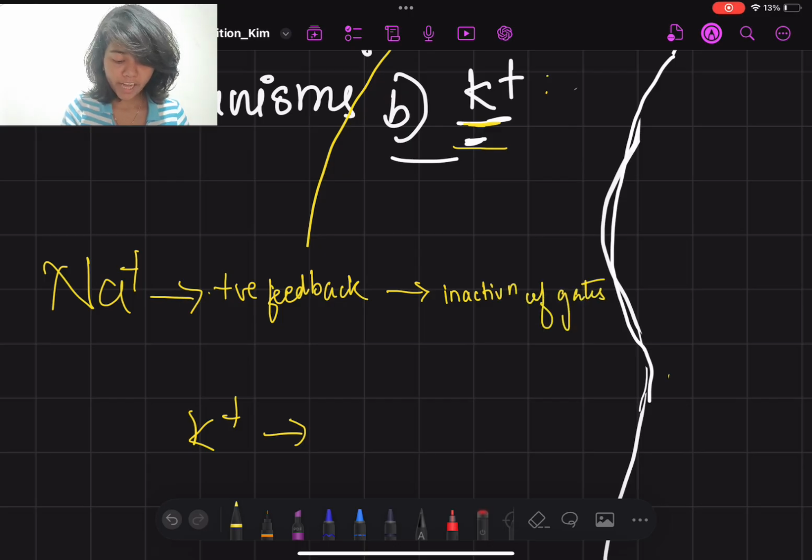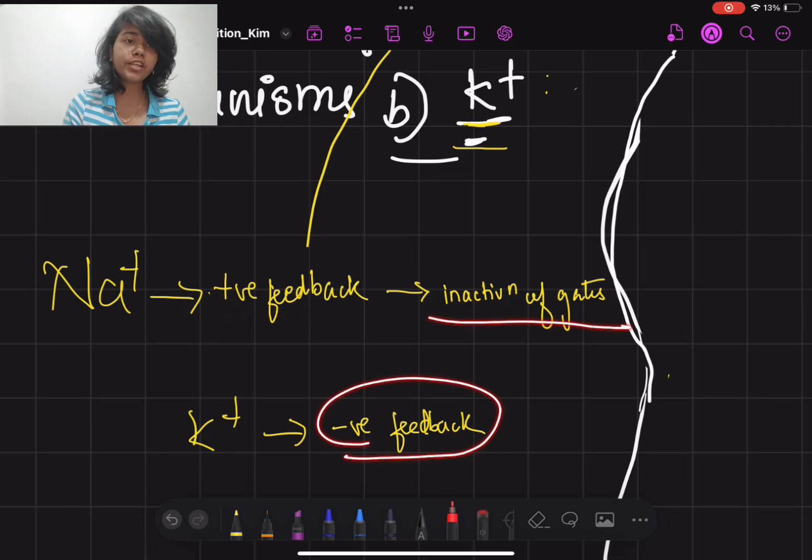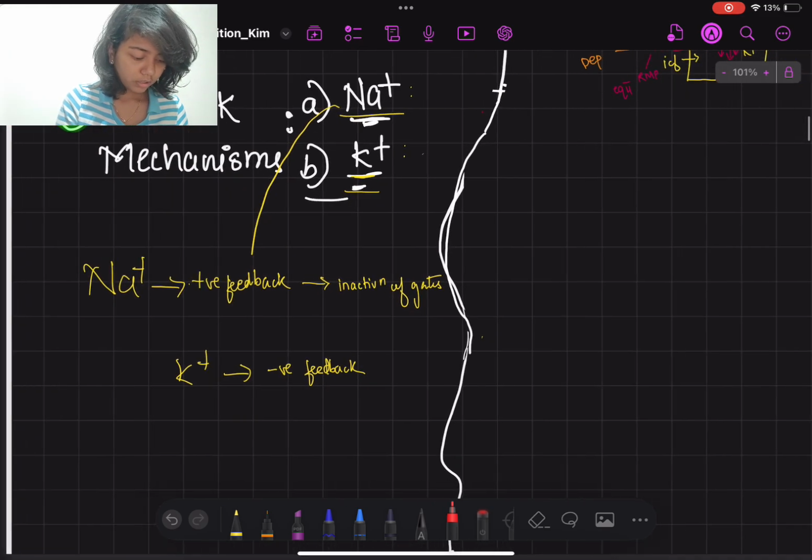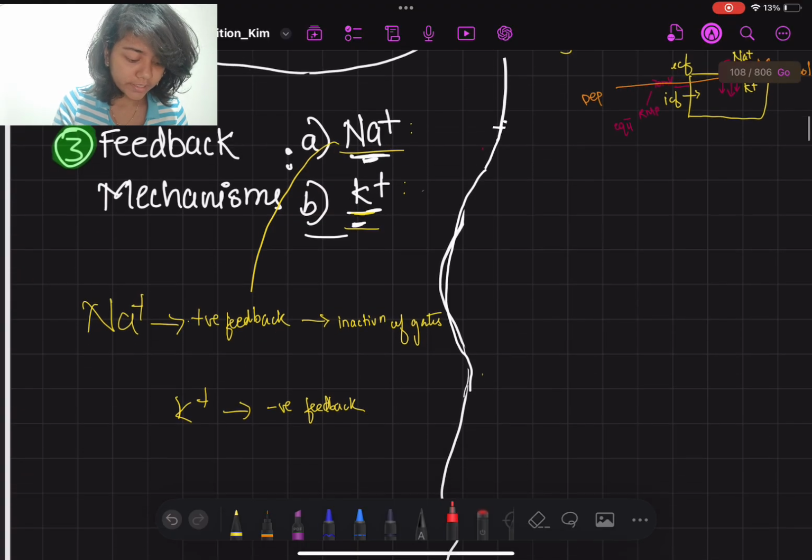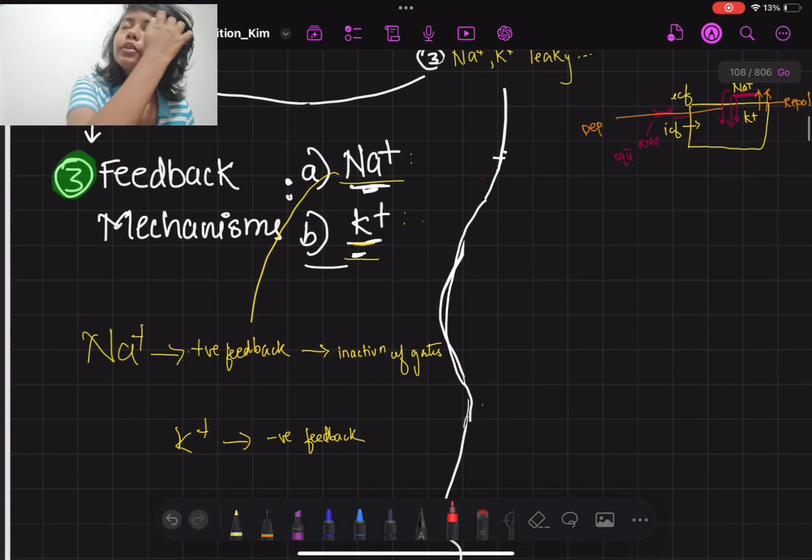Potassium, on the other hand, will show negative feedback. So sodium is showing positive feedback and then inactivation of gates, and potassium is showing negative feedback. Now what does this mean? Okay, that you'll get to know.